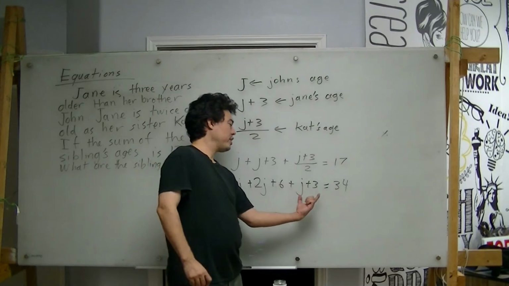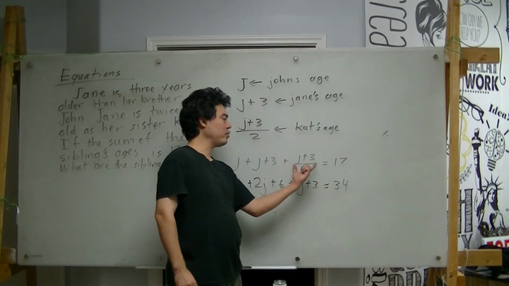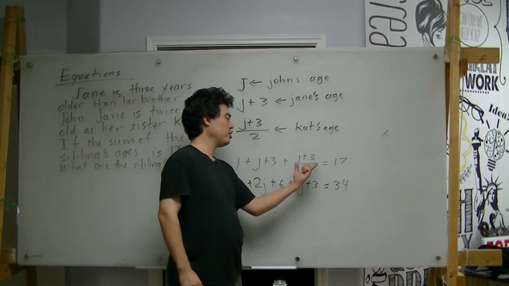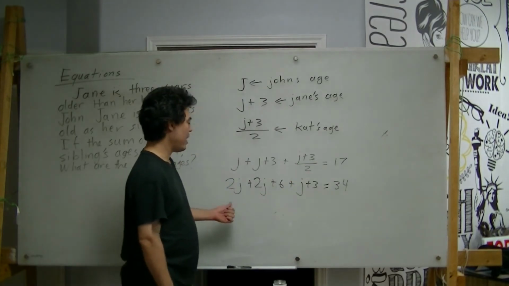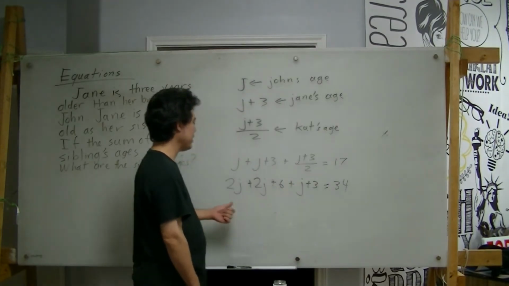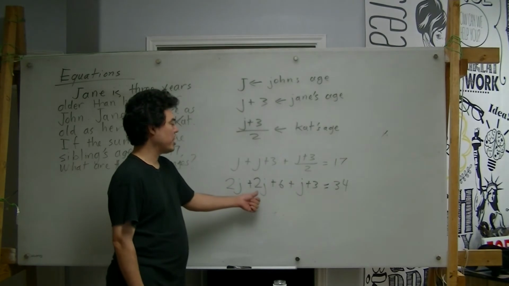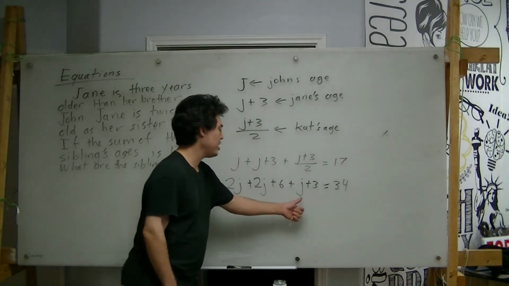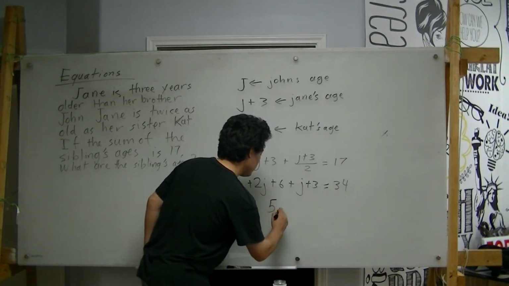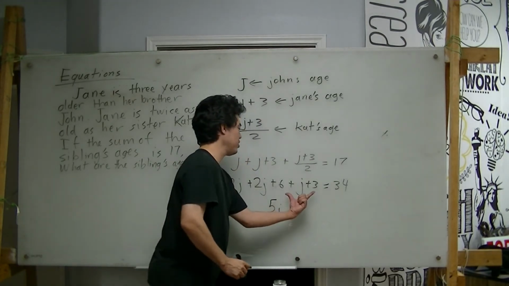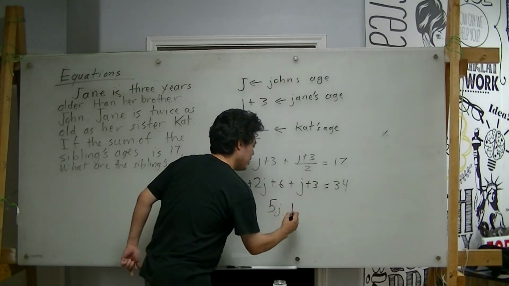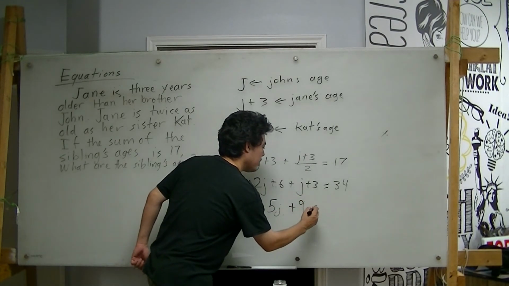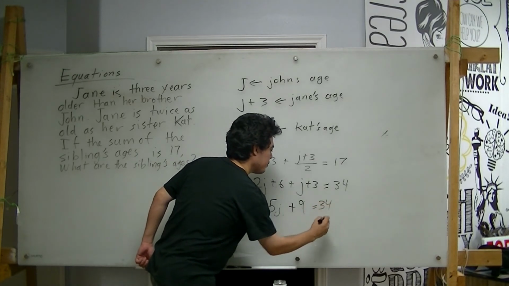This is J plus 3 because J plus 3 divided by 2 and then multiplied by 2 is J plus 3. Then I add like terms on the left hand side. 2J plus 2J is 4J, plus J is 5J, and then plus 6 plus 3, that's plus 9, equals 34.